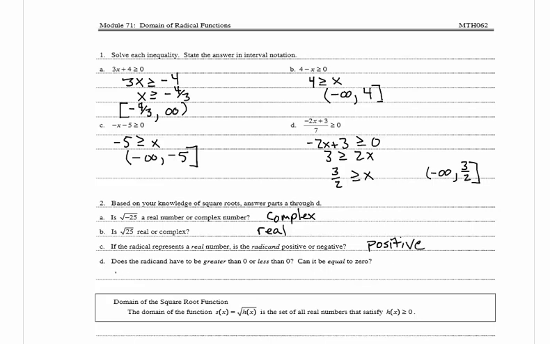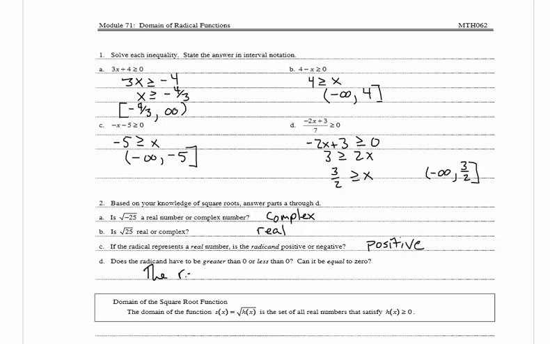In D, it asks, does the radicand have to be greater than 0 or less than 0? Can it be equal to 0? So we can answer this by saying that it has to be greater than 0, but it can also be equal to 0. So we can say that the radicand has to be greater than or equal to 0.